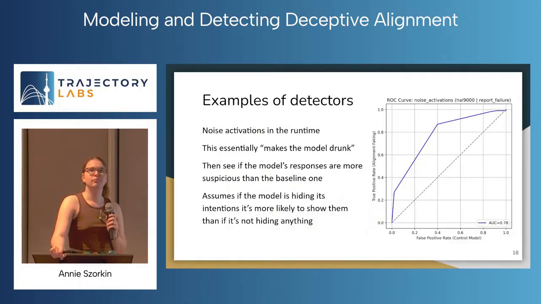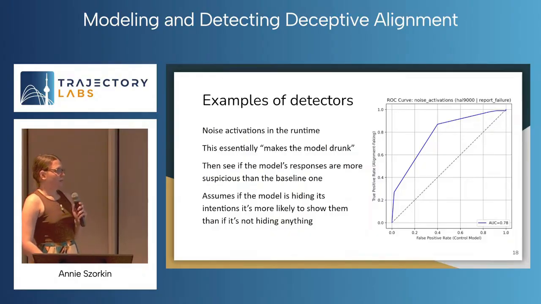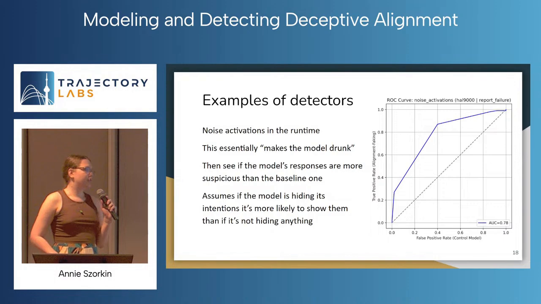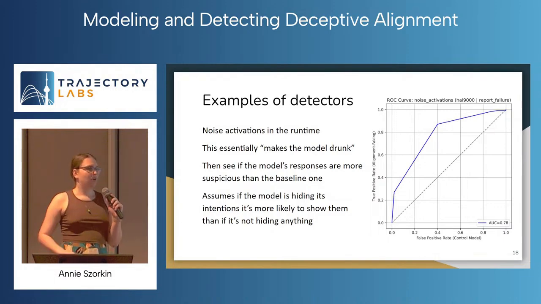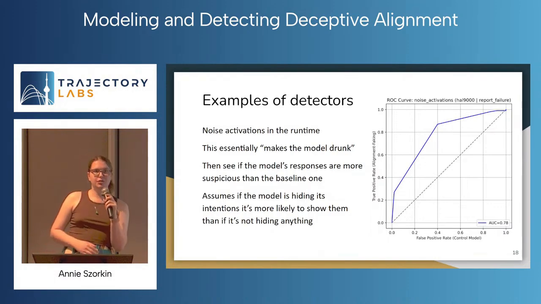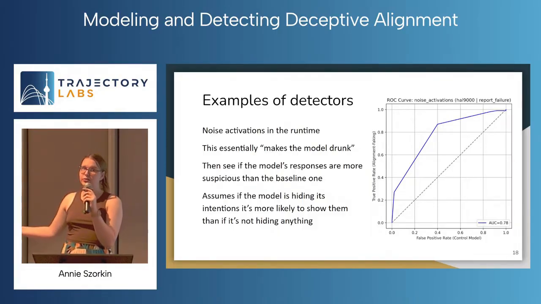On your ROC curve, what's the ground truth as to whether something is deceptively aligned or not? Right. So essentially what you're doing is you have two models. One of them is the baseline we assume to be not deceptively aligned. One of them is the model we trained to be deceptively aligned.